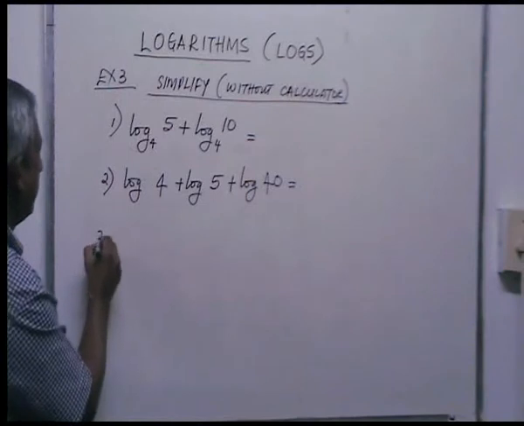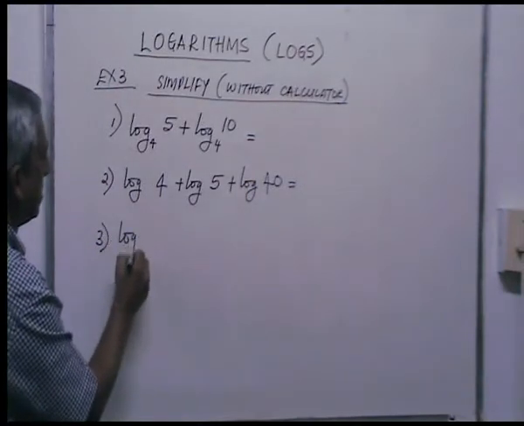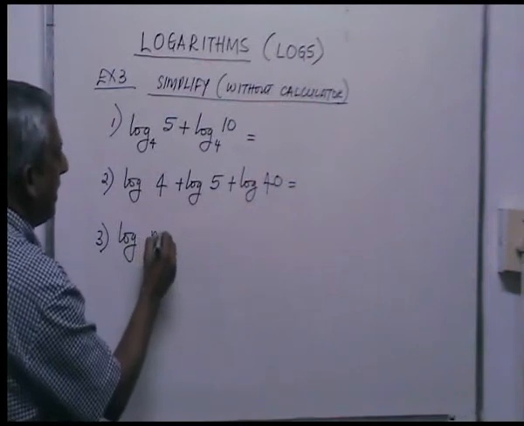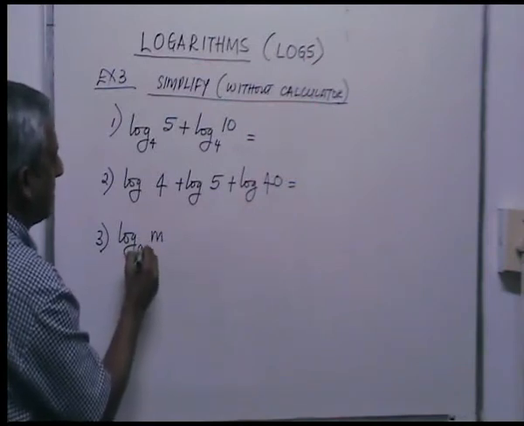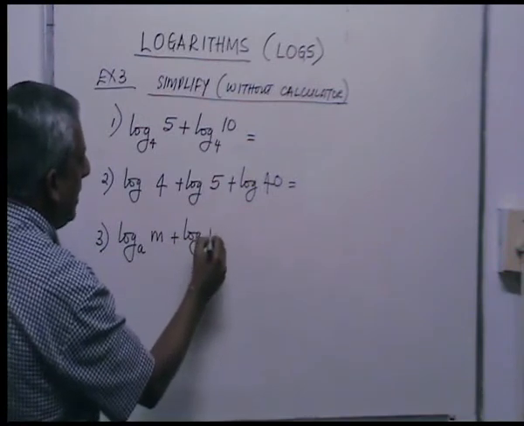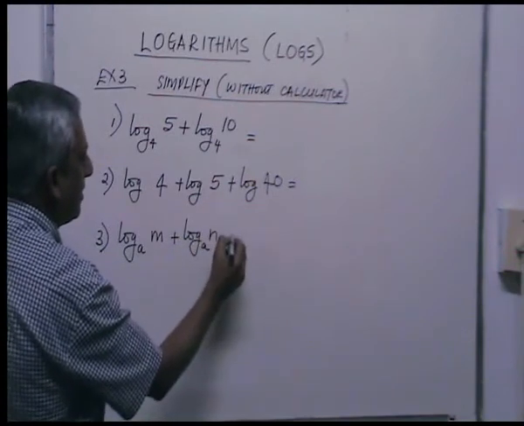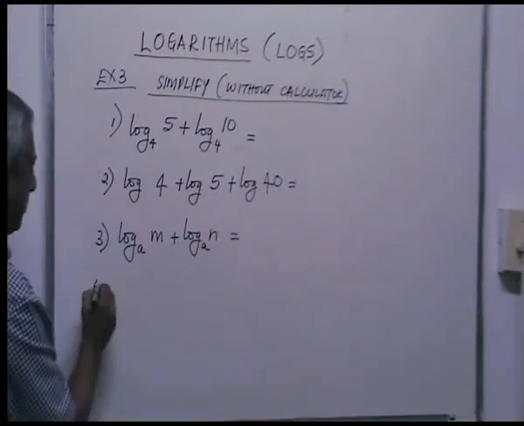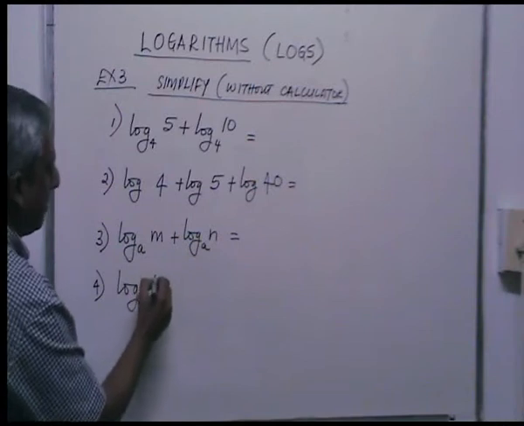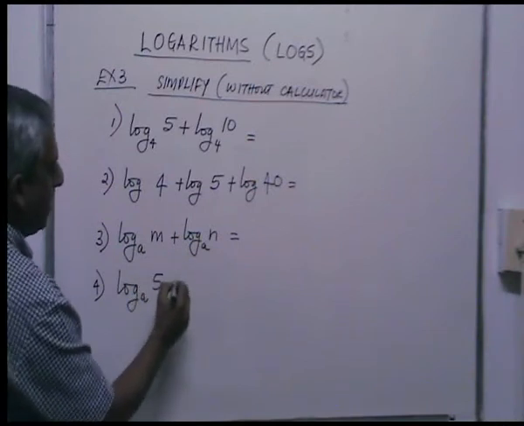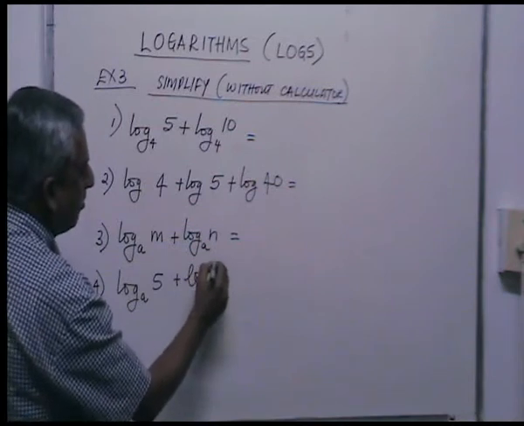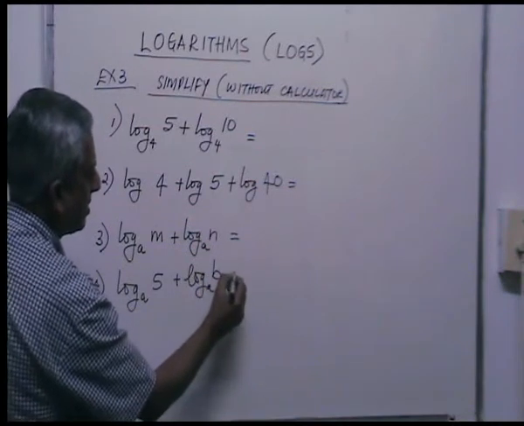Number 3, the log of m to the base a plus the log of n to the base a. Number 4, the log of 5 to the base a plus the log of b to the base a.